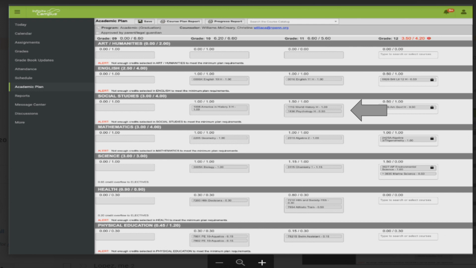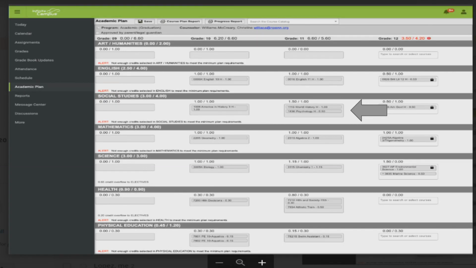Your teachers, as we discussed, already went in and made their recommendations, and you'll see a little lock next to it. So those courses are now locked, but your major area teachers recommended your English, your social studies, your math, your science.